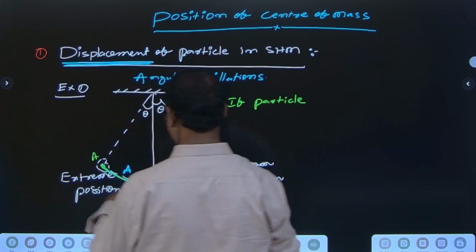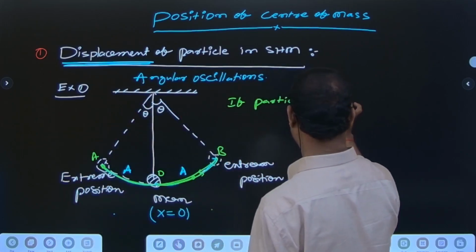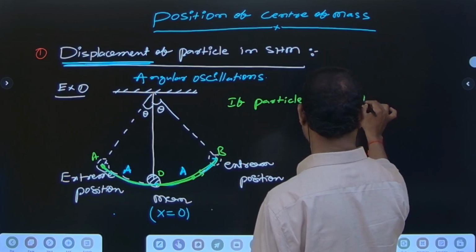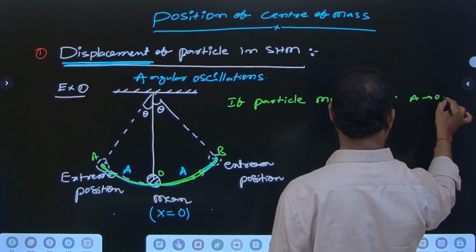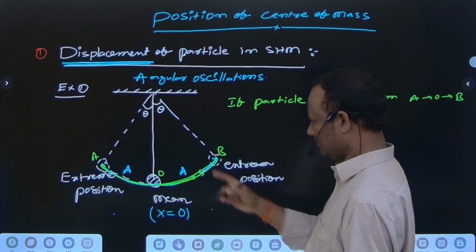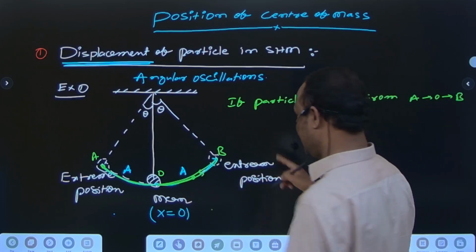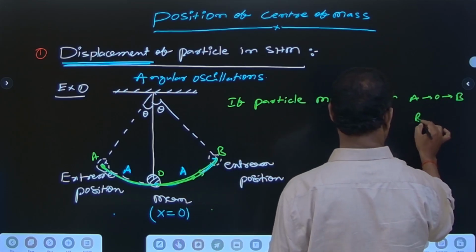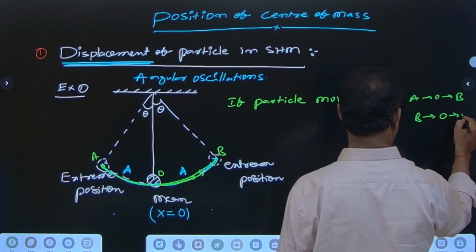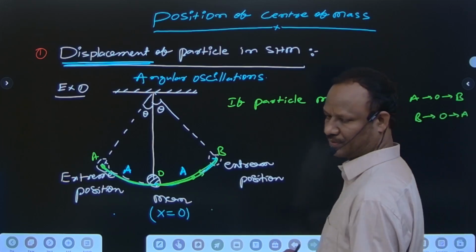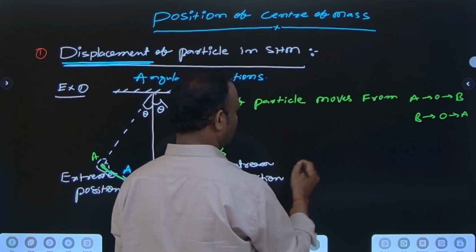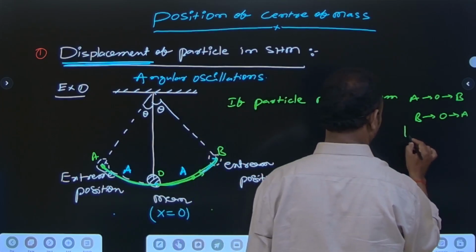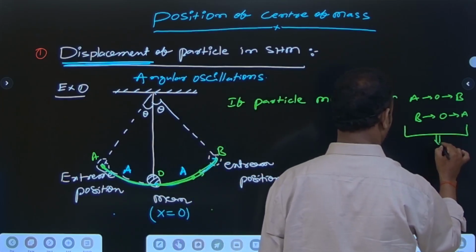Okay, if the particle moves from A to O to B, again from B to O to A, and reverses, and comes to the same point, that is called one oscillation.